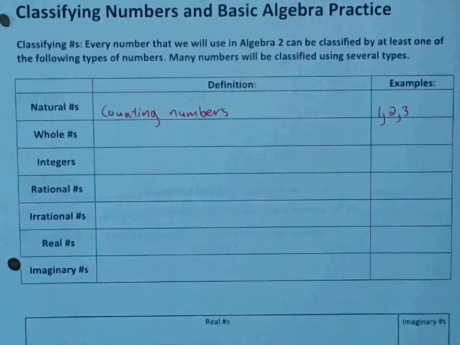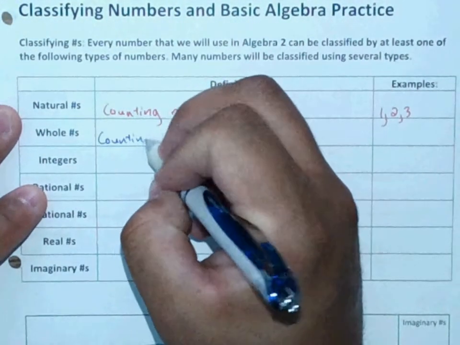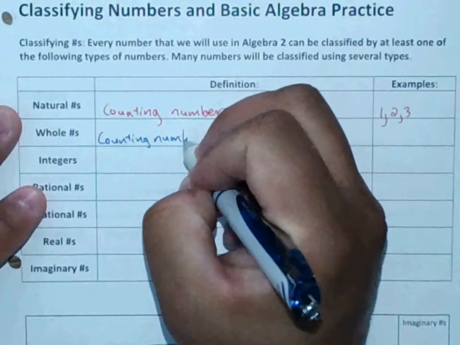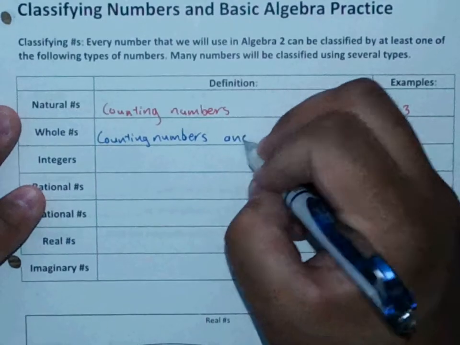Whole numbers are our counting numbers in addition to 0.